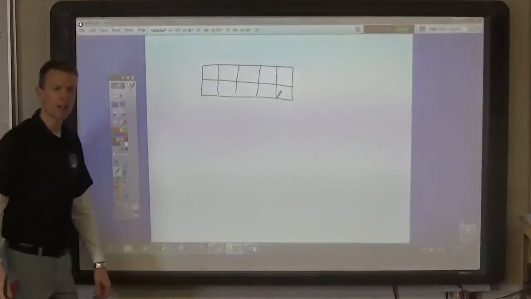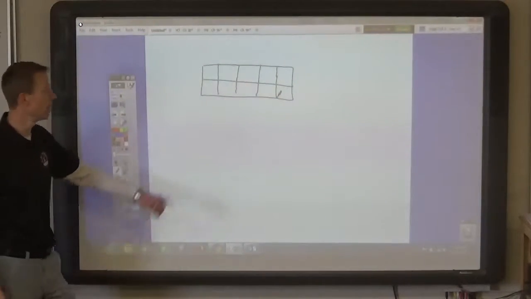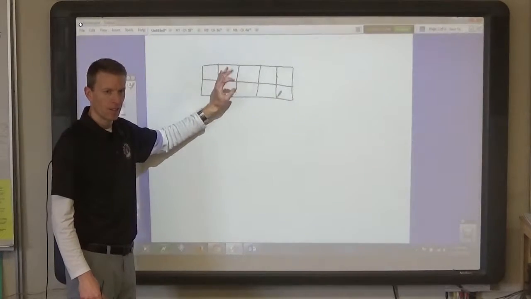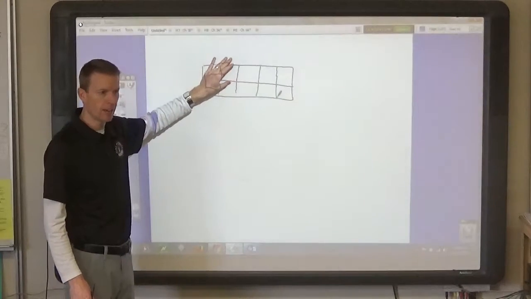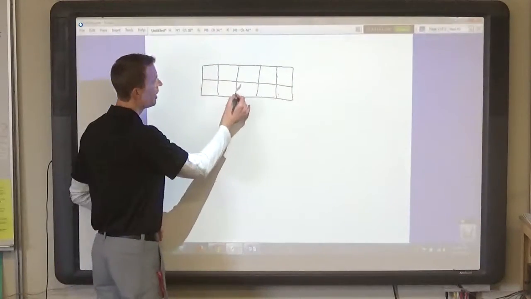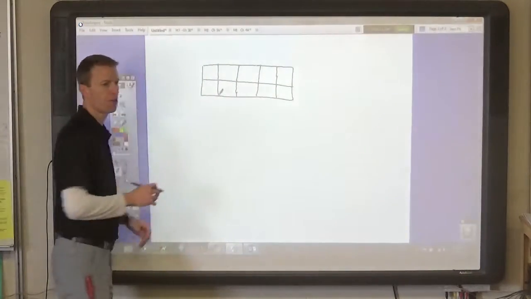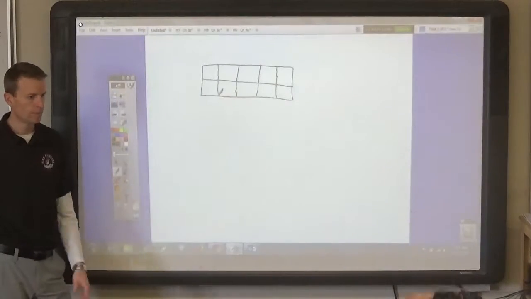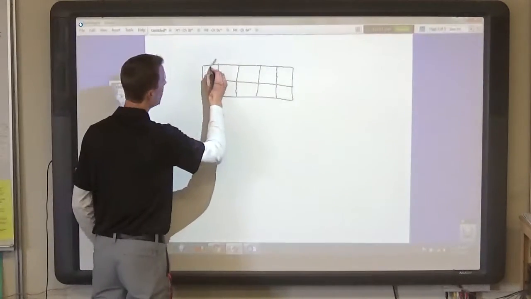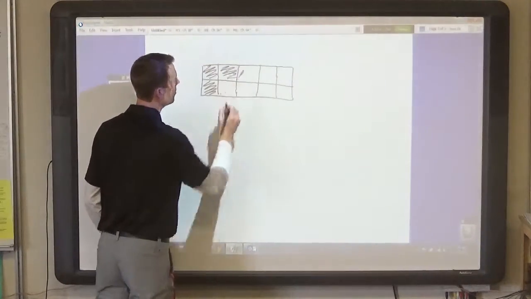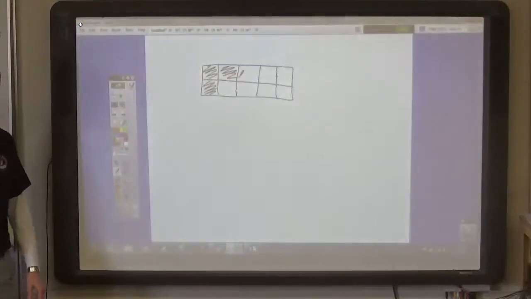Now, when you're drawing models, they do not have to be the exact same size. For a model, this is a sketch, so it doesn't have to be exact. Okay? But how would we show 3/10 then? Shading in 3. Yeah, shading 3 of them. 1, 2, 3. 3/10.